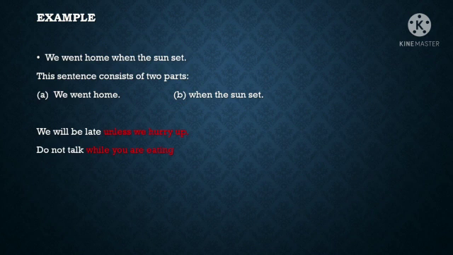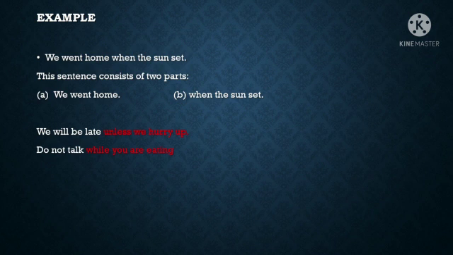Okay, so when the sun set becomes a subordinate clause, so it has to depend on the main clause we went home. Okay, see, each part of this sentence, clause, not sentence, has a subject and predicate of its own and is part of a larger sentence.